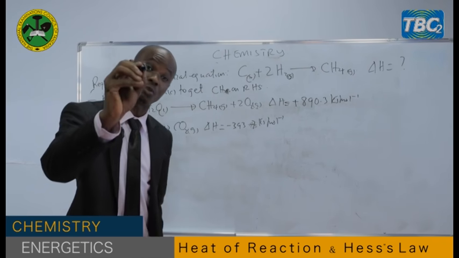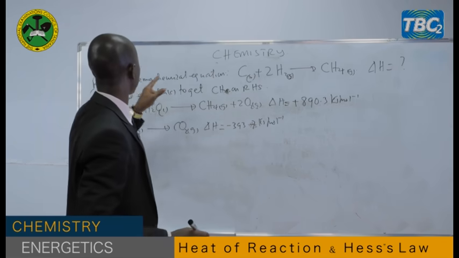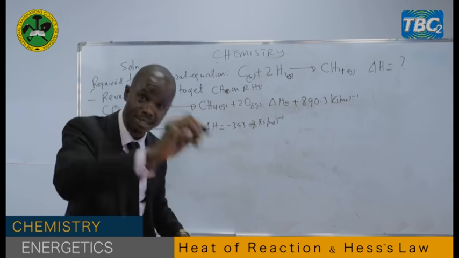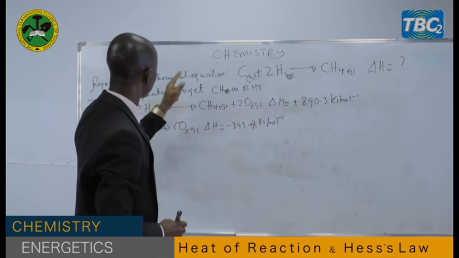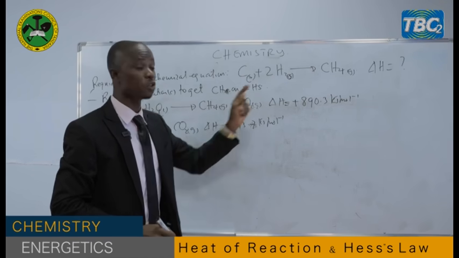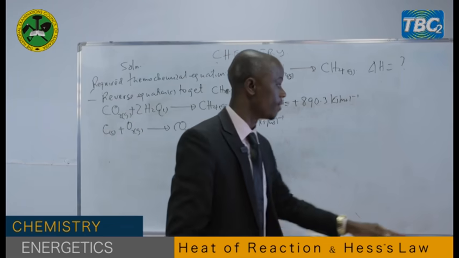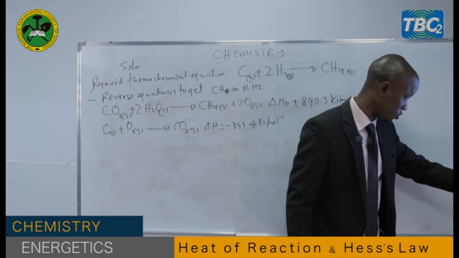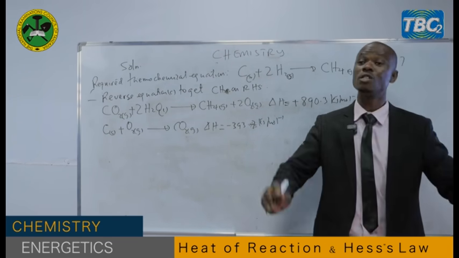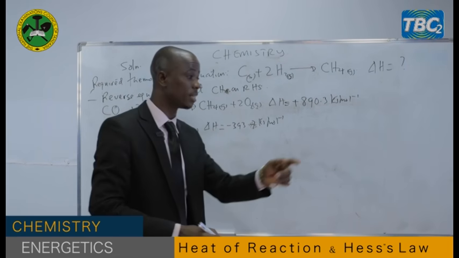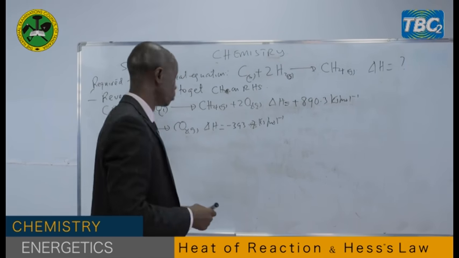You have to follow what the required thermochemical equation wants. It wants 2 moles of hydrogen gas. So you multiply the given thermochemical equation by 2, that means the whole equation together with its enthalpy change.